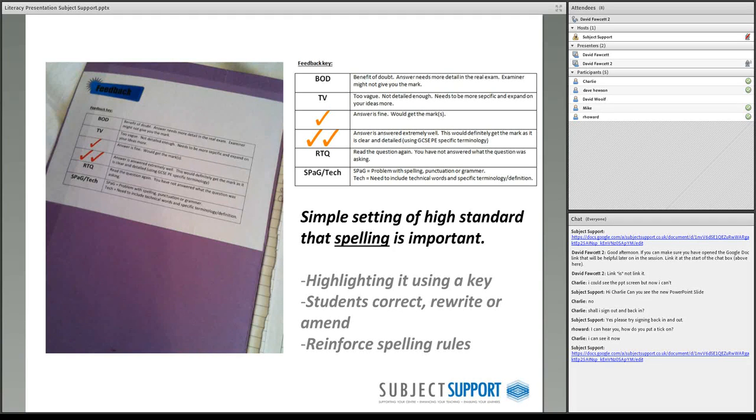We use lots of things like on the screen there. We have a basic feedback key which goes inside their books, and we use SPAG and TEC. Other departments I've worked with just use SPAG, which picks up spelling, punctuation and grammar, and we can address that as we go through.